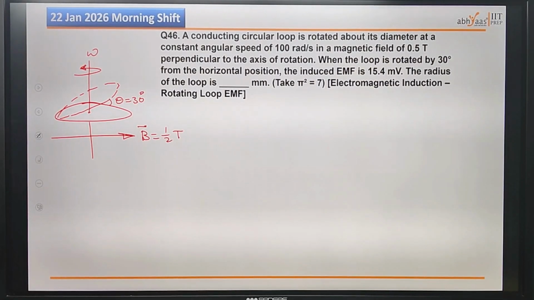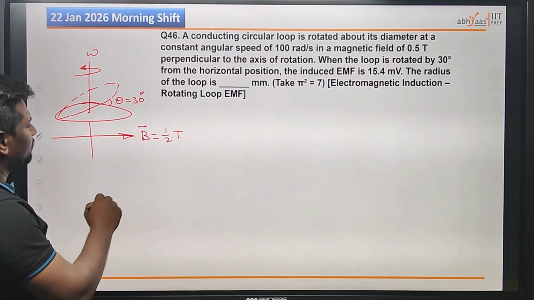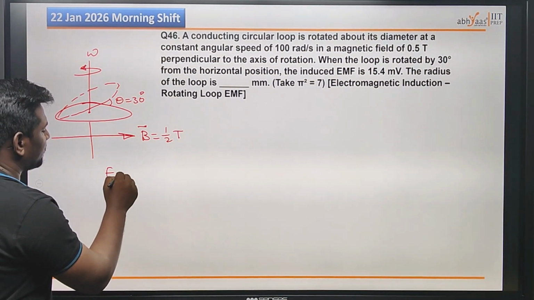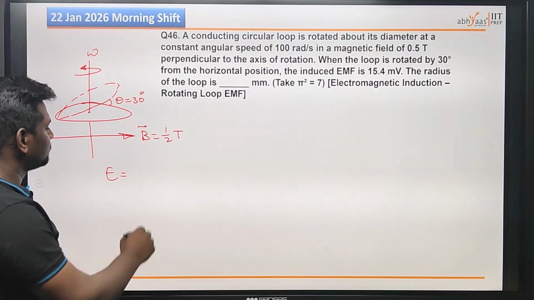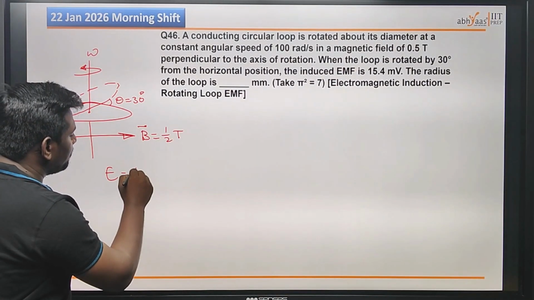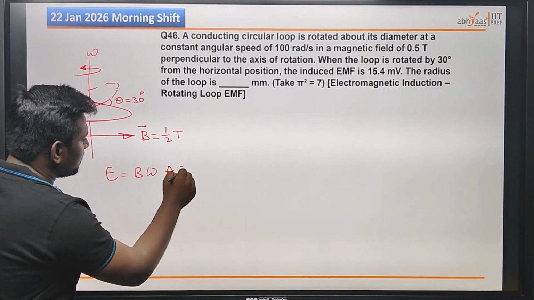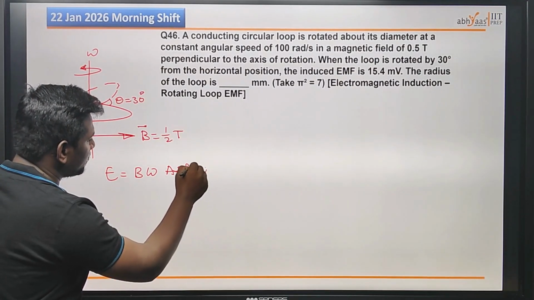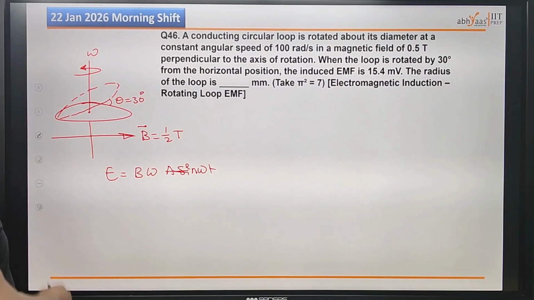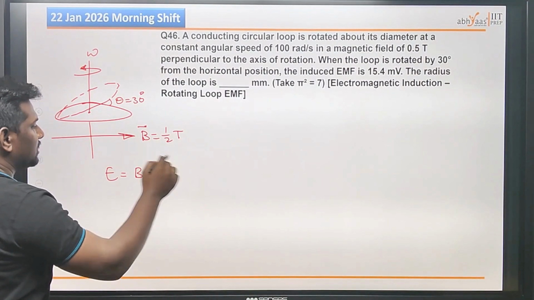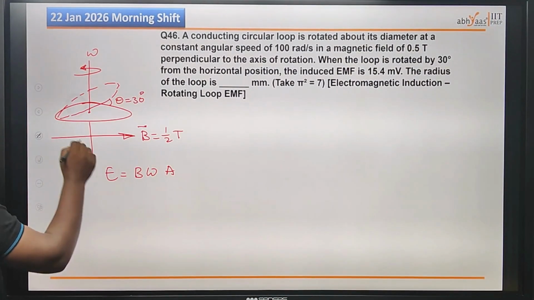So see here, we know that induced EMF E can be written as B omega A sin omega t. I am writing again, A sin omega t.